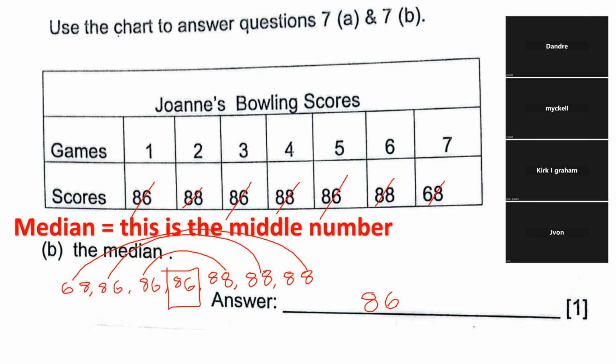This is the middle number. Good. How do you arrange the numbers when you do a median? You have to arrange it from least to greatest. Very good. Then you look, and then you count, or you can look and find the middle number. Very good. And the middle number is the median.